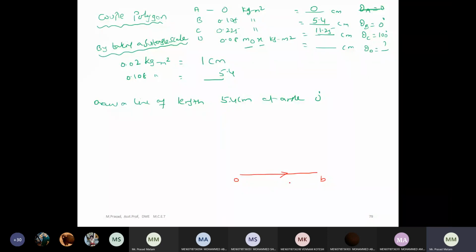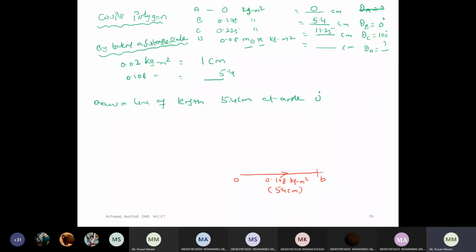But I don't write this in centimeters here. I'm writing it as 0.108 kg meter square only. Got my point? This 0.108 kg meter square I will write. But this length is 5.4 centimeters. Or you can keep it in brackets.